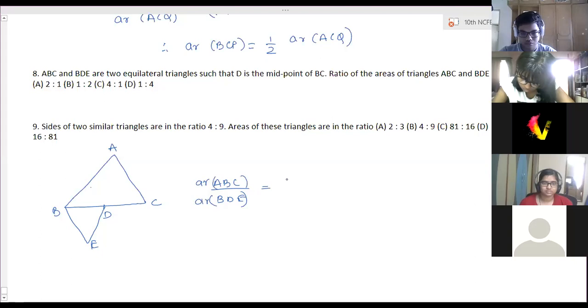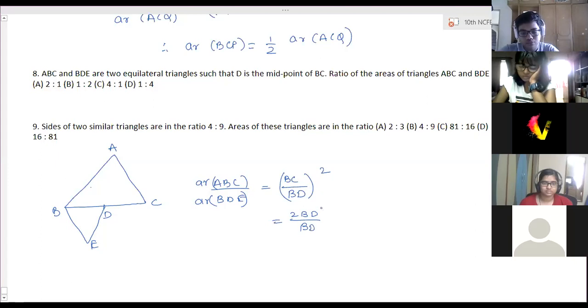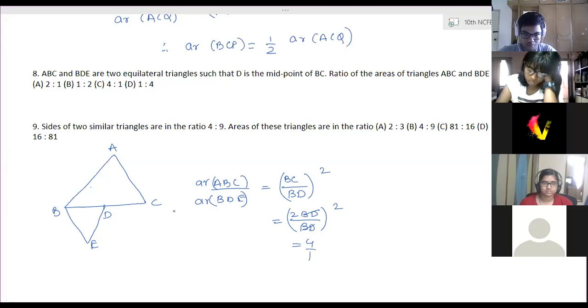The ratio is equal to any side, we can take it as BC by BD whole square. BC is 2BD by BD whole square. 4:1. Whatever the sequence in the question they have given, the same sequence you have to take.